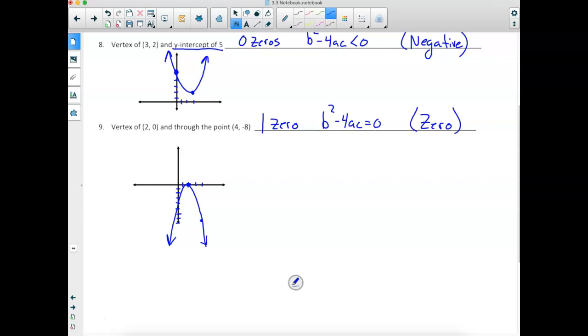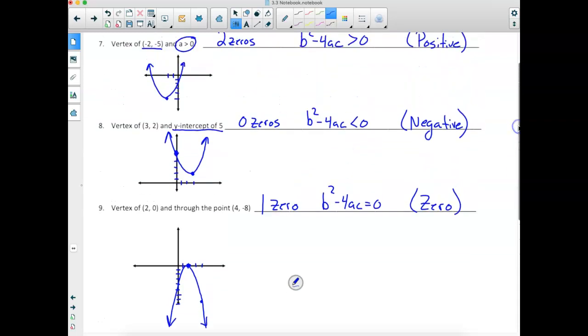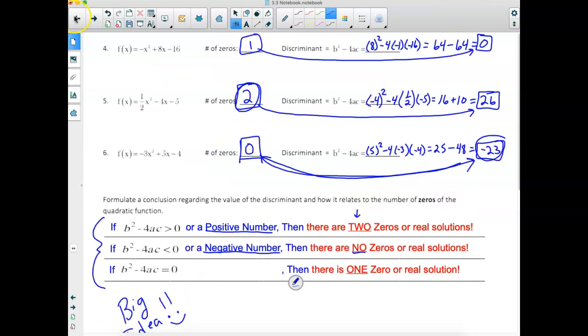Okay, and also let me expound on this just a little bit further. They're not just zeros. They're also called real solutions. And a real solution is an x-intercept, okay? One real solution.